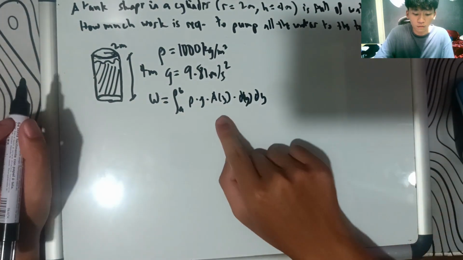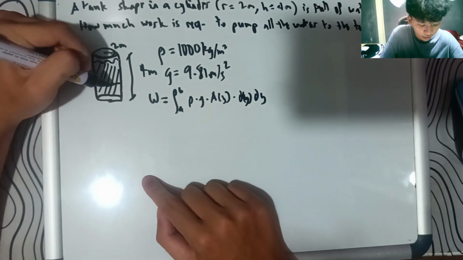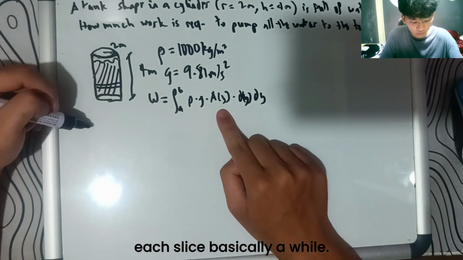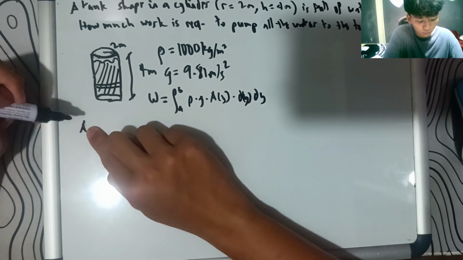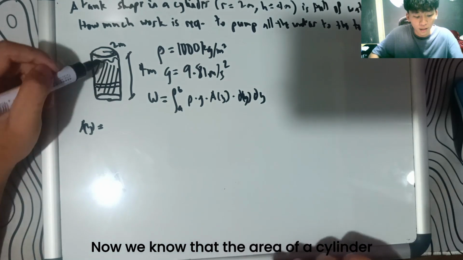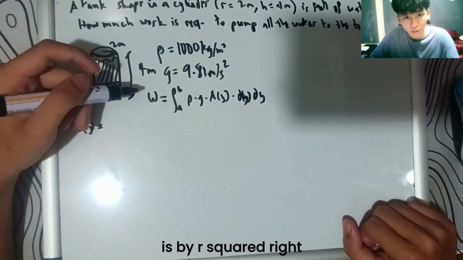So let's try to look for the area of each slice, basically A of y. Now we know that the area of a circle is pi r squared, right?